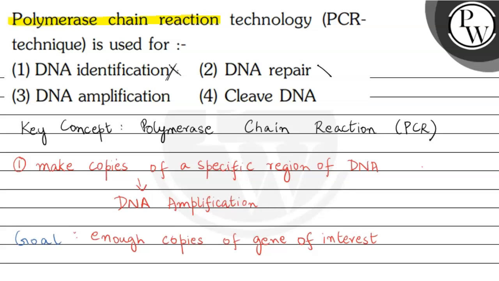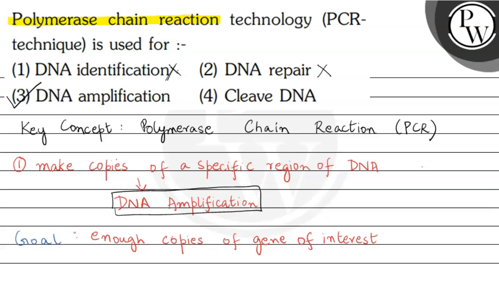Again, PCR is not used for DNA repair. The third option says DNA amplification. So this is the right option because we saw that PCR is used to make several or multiple copies of a single DNA strand, and therefore it is used for DNA amplification. So this is our correct answer.